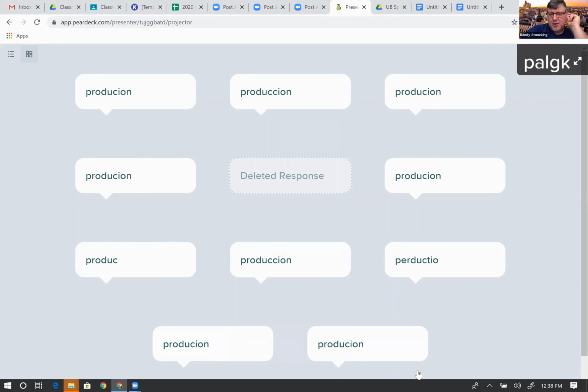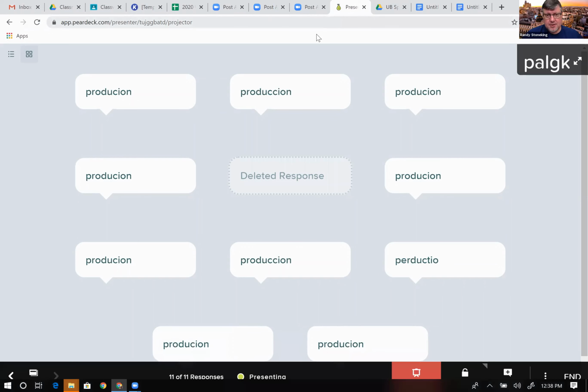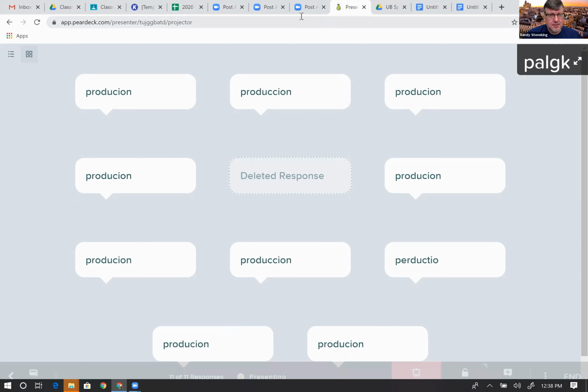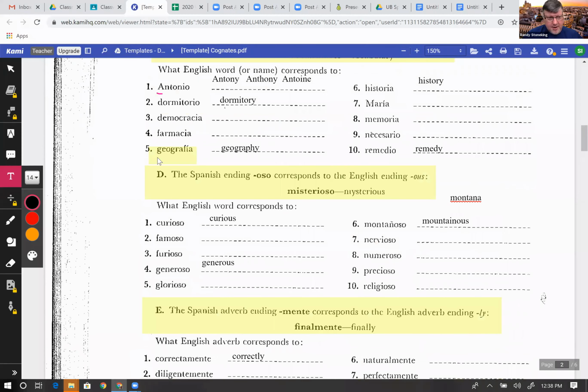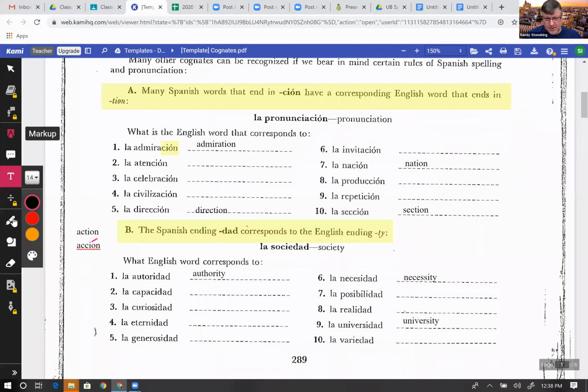So for the word production, that one's a little tricky. Let me see if I can pull it up on screen for us. Let's pull that document back up. Here it is, right here.